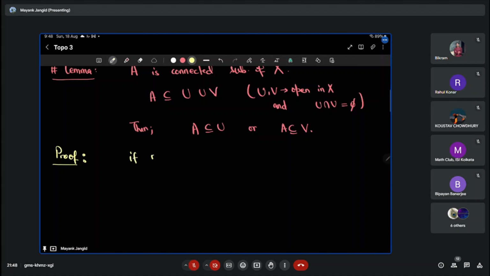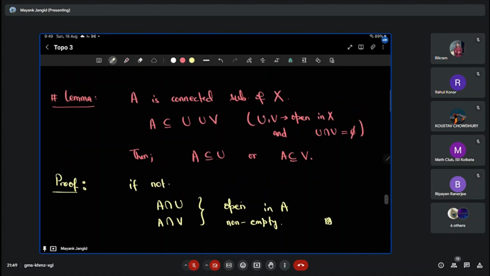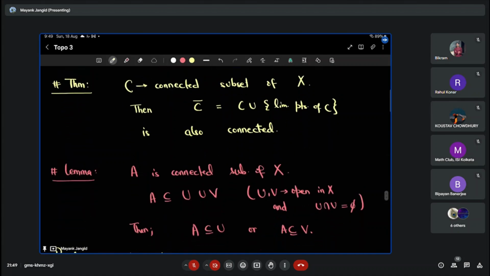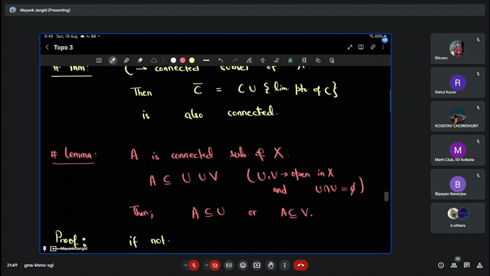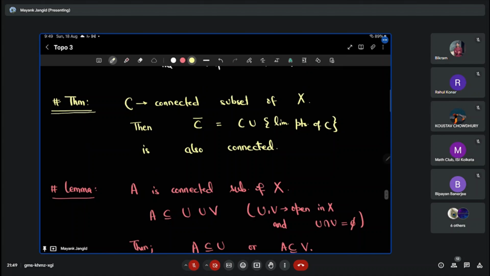If not, then A intersection U and A intersection V are open in A, and if A intersects both U and V, then both of these are non-empty. Therefore, this gives a disconnection of A, hence contradicting that A is connected.